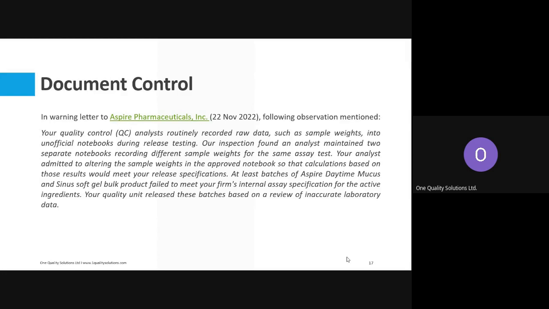So, what happened in this case? The person recorded data in two logbooks. One is official, one is unofficial. The unofficial logbook was used only to manipulate the sample weights to meet the assay result. Is it acceptable? What do you think?